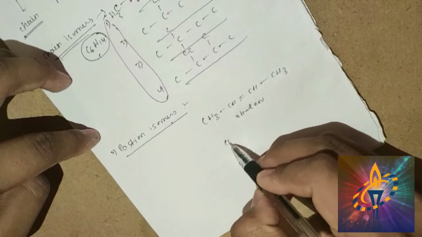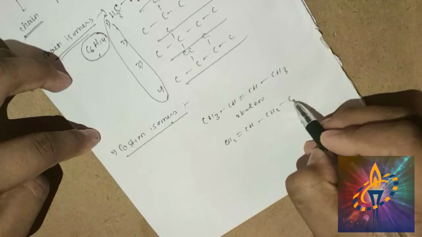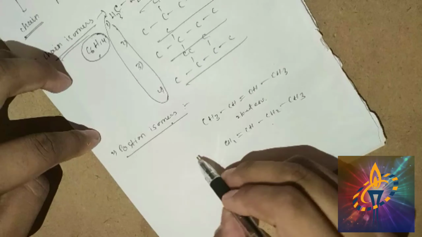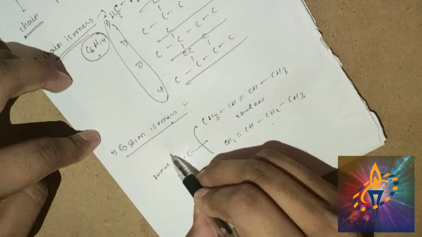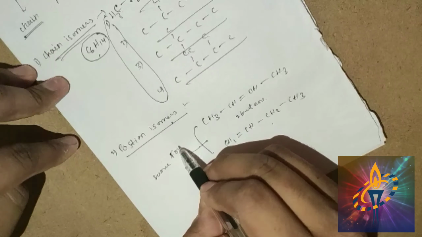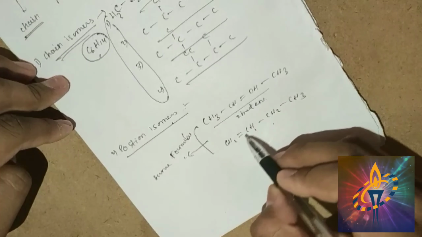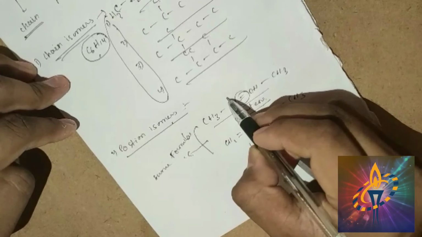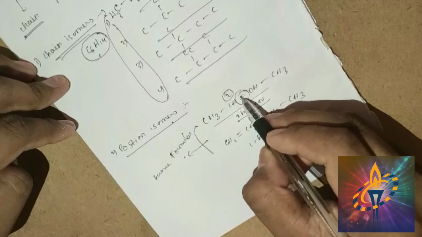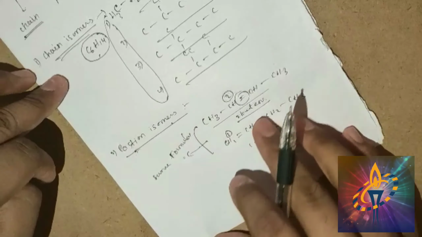Its position isomer is CH2 double bond CH, CH2, CH3. These two have the same molecular formula but differ in what we have written. See, it's 1-butene, it's 2-butene. Here the double bond's position is second, now it has become first. This is called position isomers.